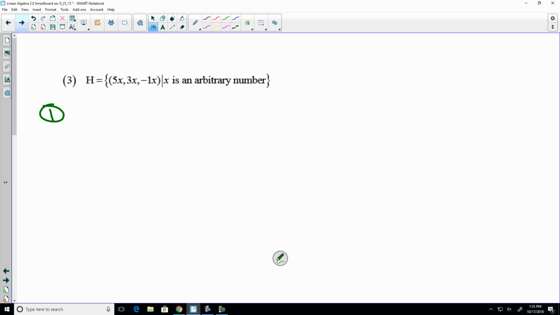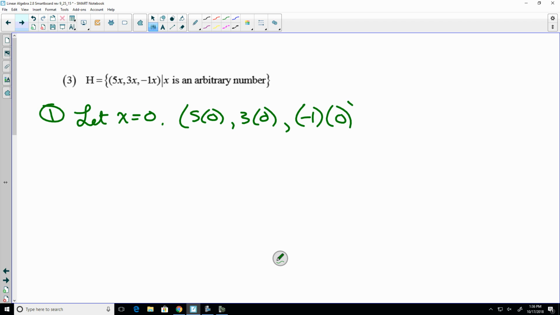Yeah, because we can plug in 0 for x. So let x be 0, then 5 times 0, 3 times 0, negative 1 times 0 is the 0 vector. So the 0 vector is in H.